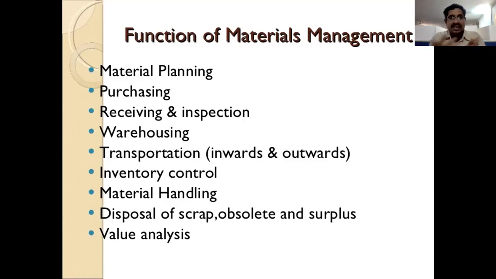So material is sent between the sections for processing. The handling equipment comes under material handling, like trolleys, cranes, belt conveyors. These are a few examples of material handling. So this handling is another function of materials management.